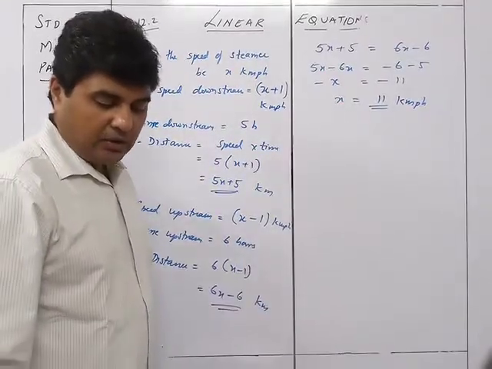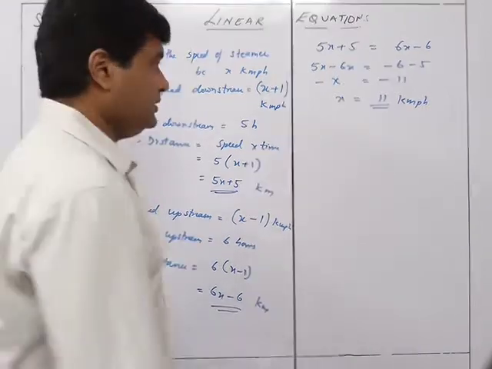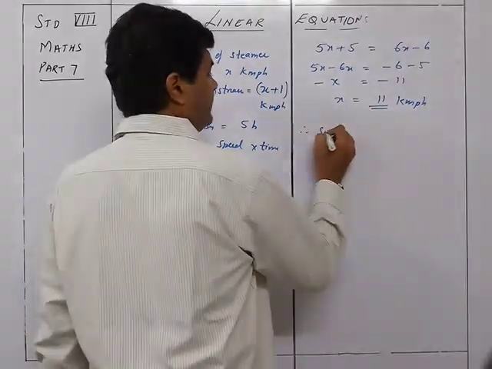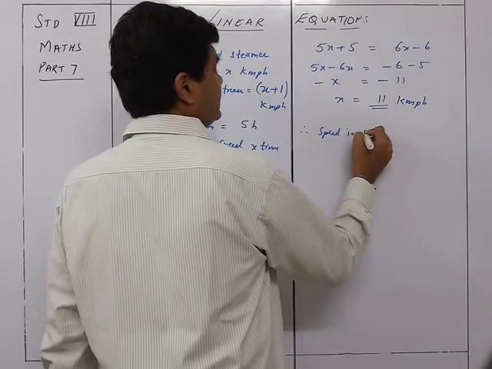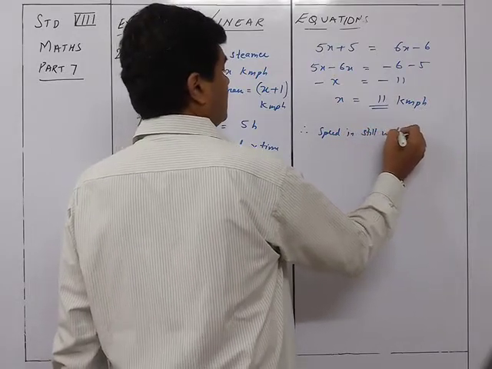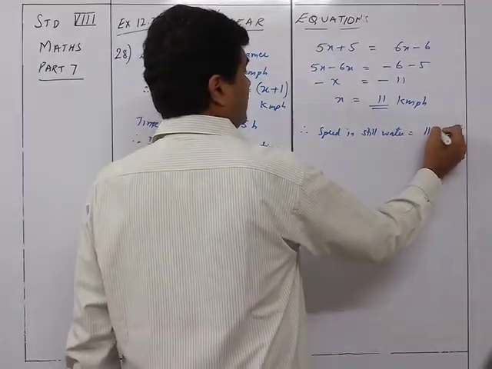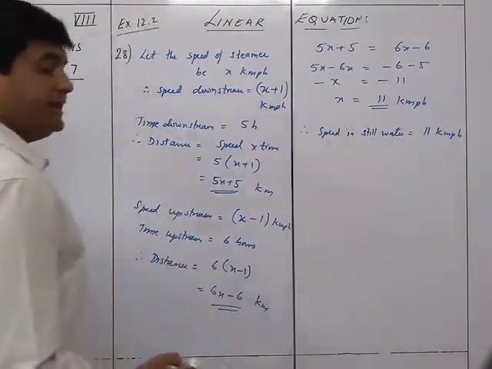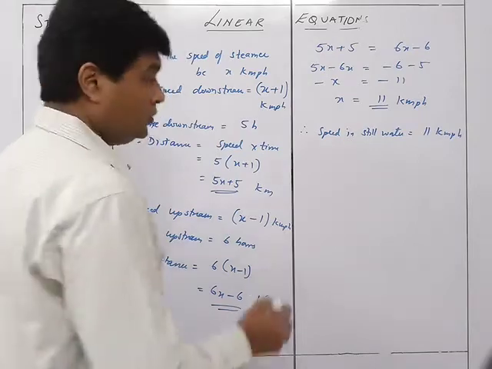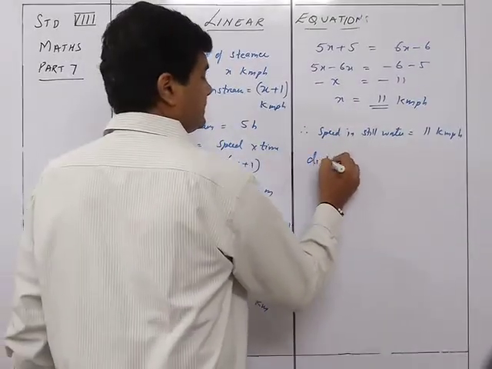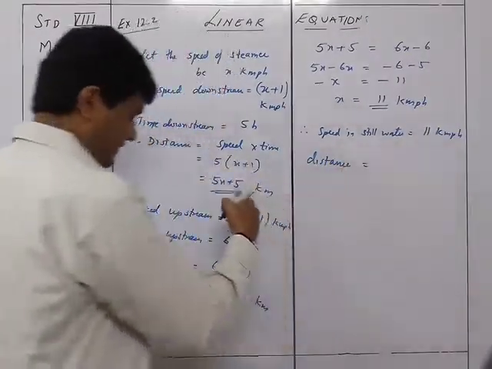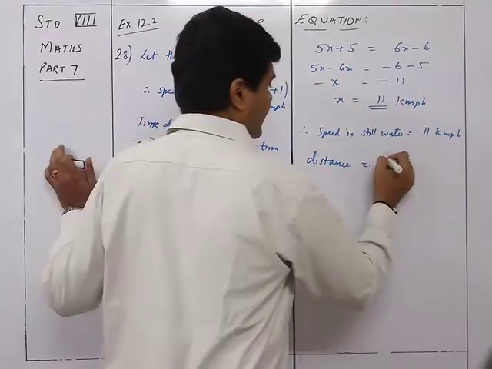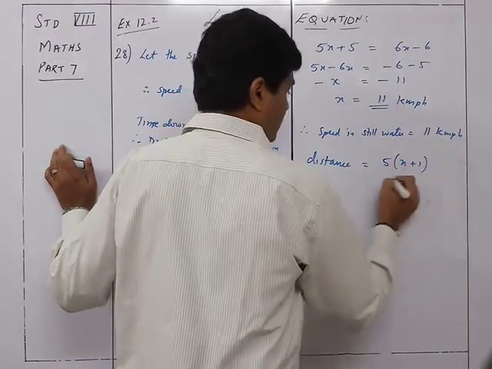So the speed of the steamer in still water is equal to 11 kilometers per hour. We next need to find the distance between the two ports. So distance, we can take any one of them, it is the same thing. So it will be 5 into x plus 1.